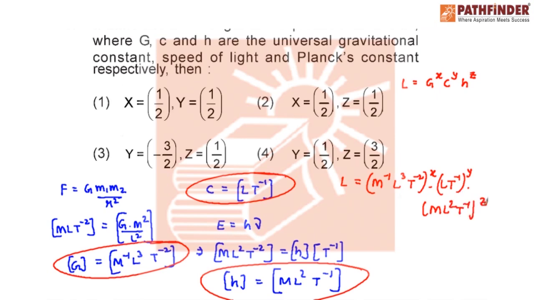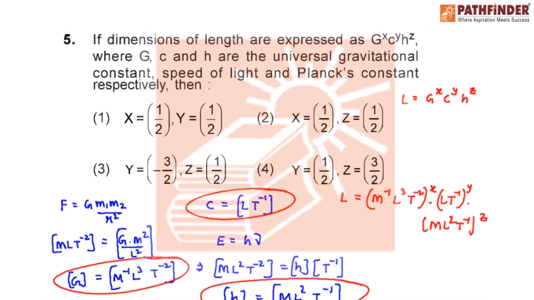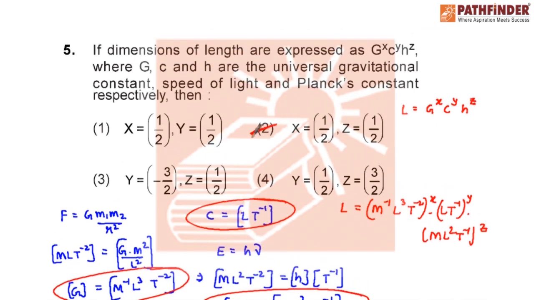If we solve for x, y and z, x will come as half, z will come as half and y will come as minus 3 by 2, and we will get that for question number 5, options 2 and 3 are correct.